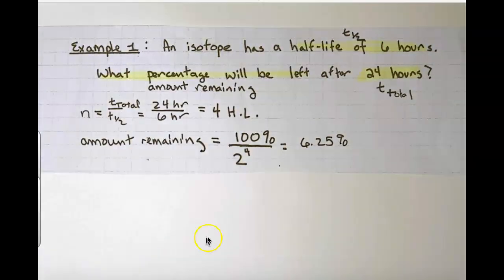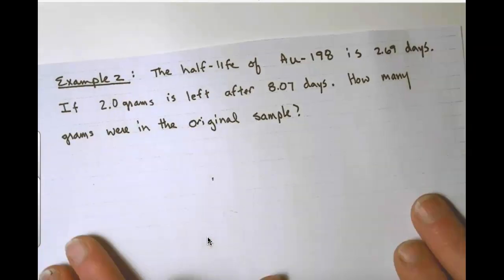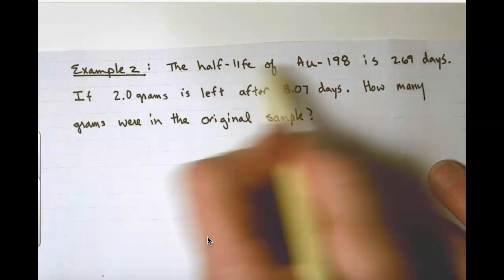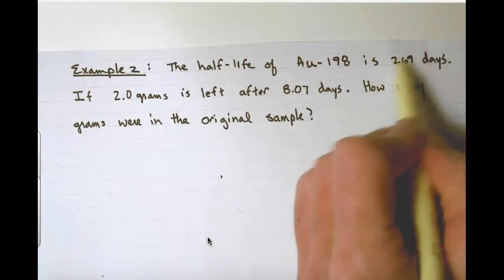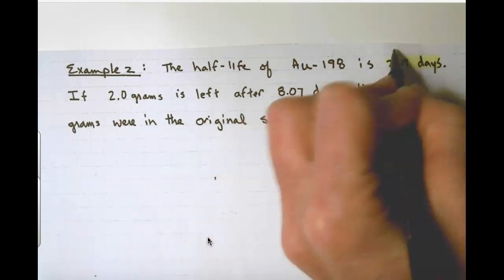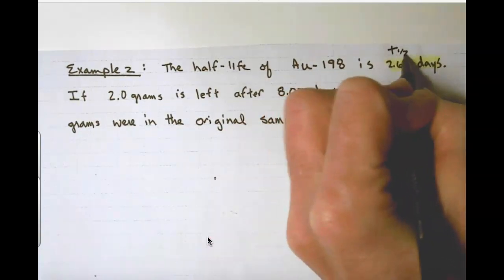Let's do another example problem. So the first step is always to read it and identify what is given. What is given here is the half-life of gold 198 is 2.69 days. So that is my T1 half.